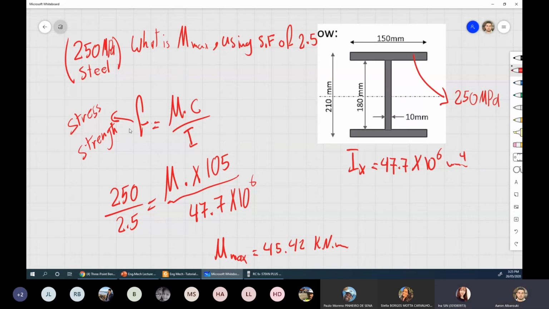I think I lost my understanding. That's okay, because this is a very, very preliminary view on safety factor. I just want you at this point to be aware of safety factors. You will learn next semester that we apply these safety factors in different ways.